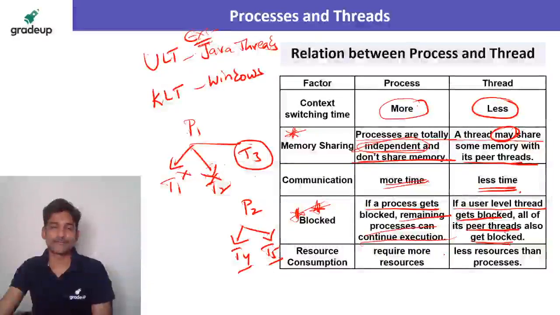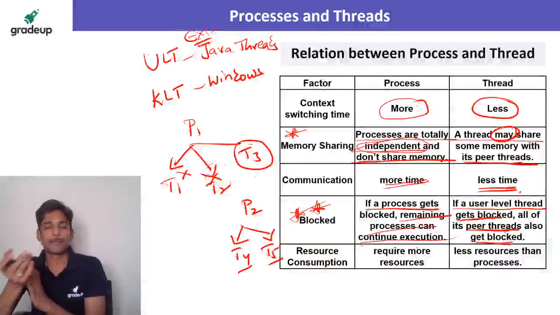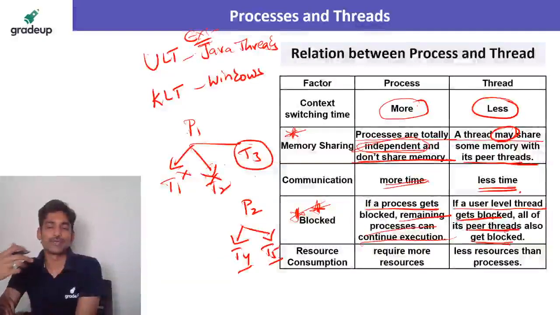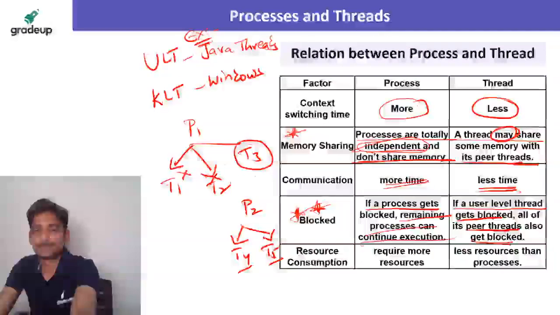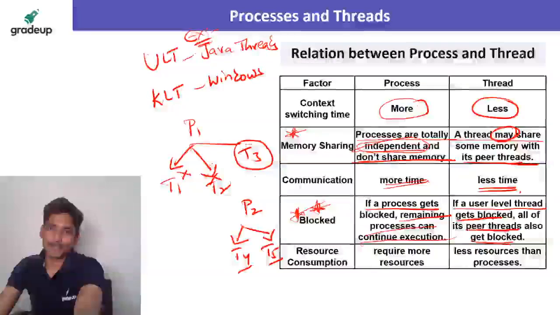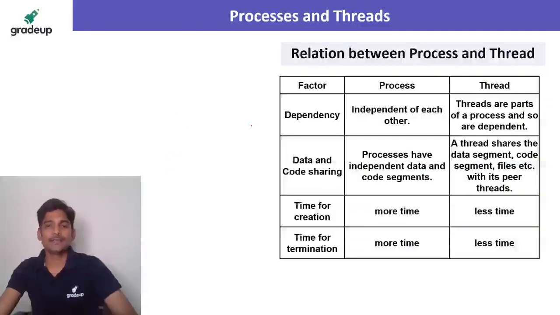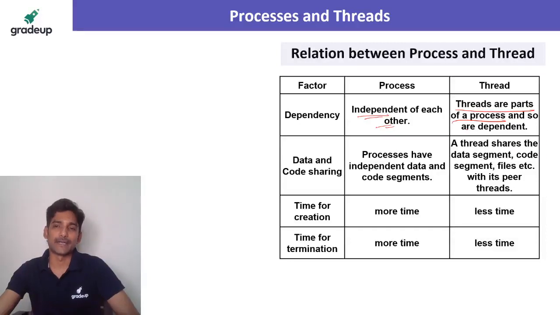This memory itself is again a resource. CPU time, because it's heavyweight, a process takes more time and more resources compared with threads. And dependency: independent processes exist, but as threads are part of a process, they are dependent.